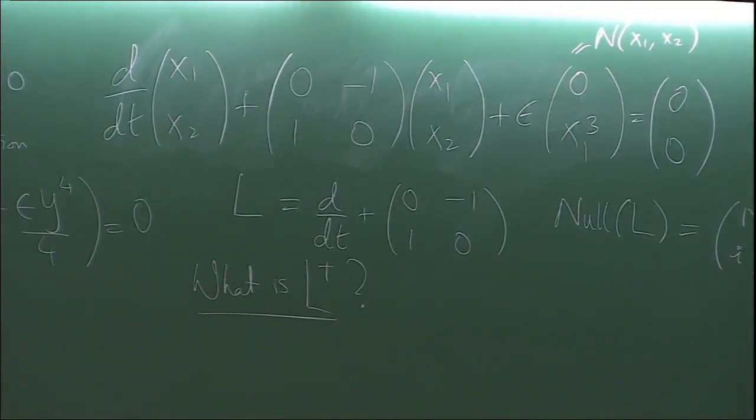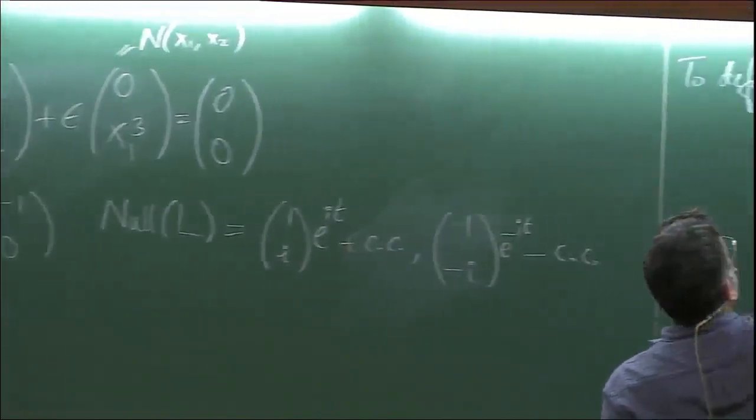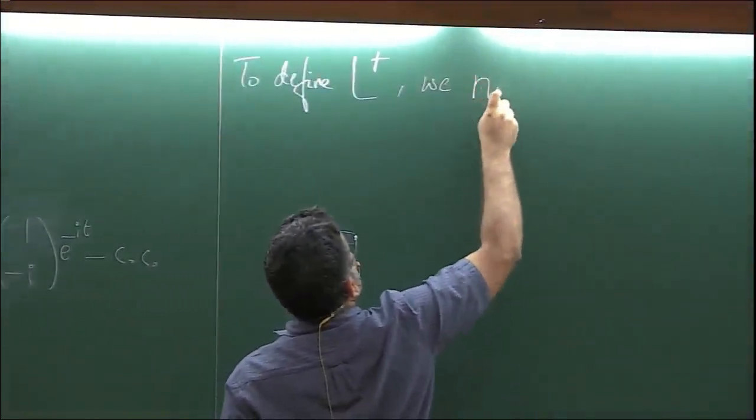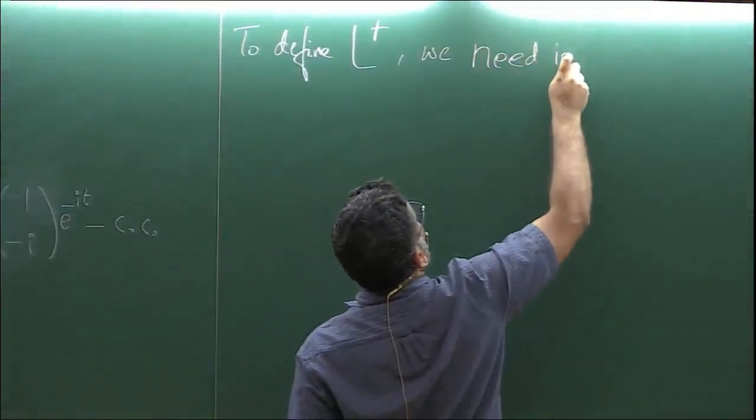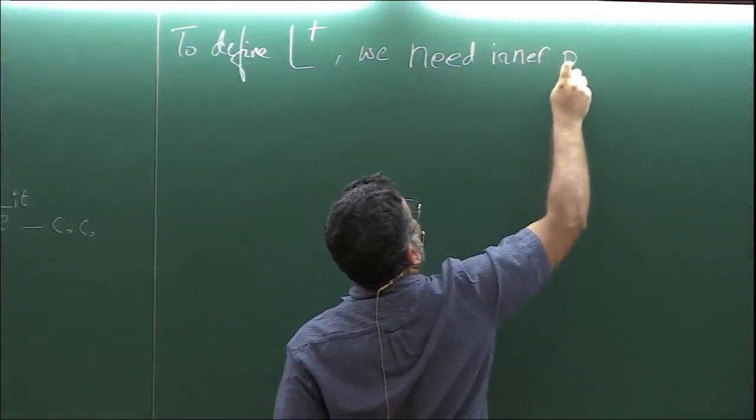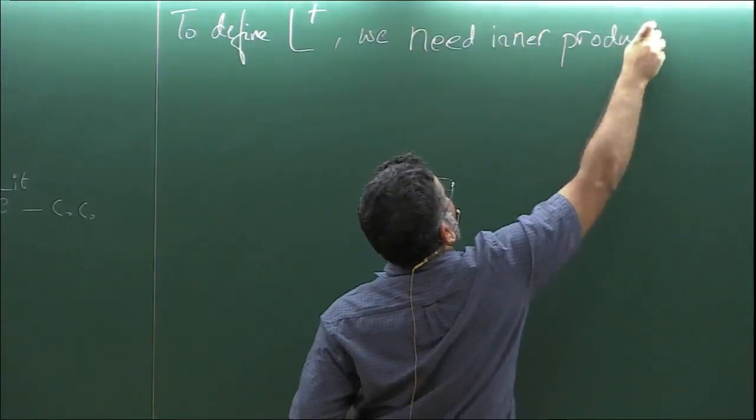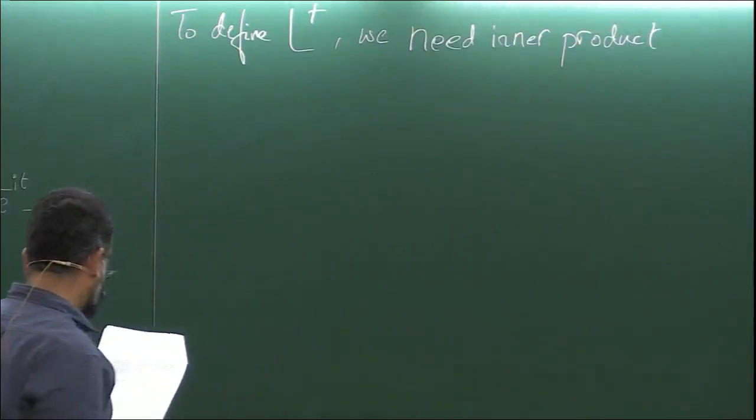So to define the adjoint, we need, well, I need an inner product. Okay?